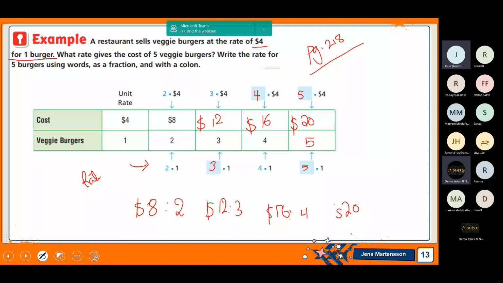Teacher, we multiplied by 2? No, by 4. The cost for one burger is $4. So for 5 burgers, you'll say 20.